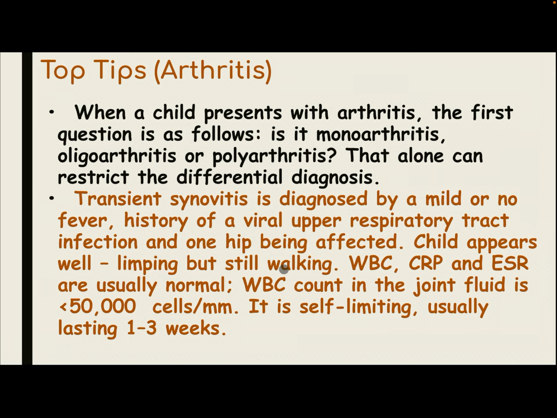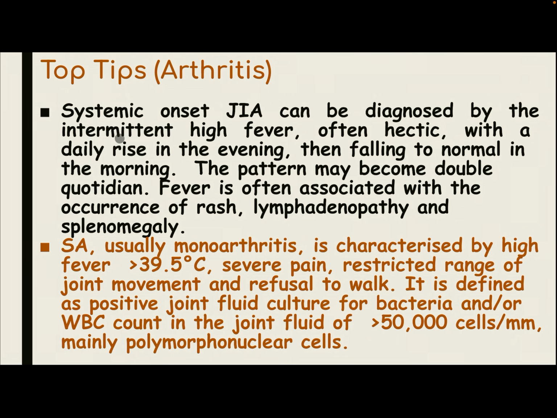The child appears well, limping, but still walking. White blood cell count, C-reactive protein, and ESR are usually normal. White blood cell count in the joint fluid is less than 50,000 cells per cubic millimeter. It is self-limiting, usually lasting 1 to 3 weeks.